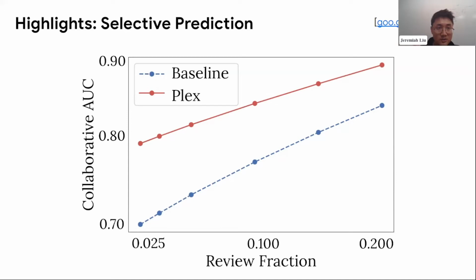So the selective prediction performance is a combination of a model's ability in uncertainty quantification and also in original predictive accuracy. What we can see is that compared to the baseline model, the Plex model has a significant boost of up to 10% in selective prediction, especially when the review fraction is small, meaning the model is only allowed to defer a tiny amount of examples to a human expert. Next slide, please.